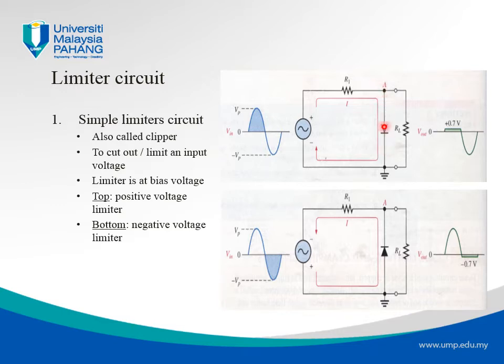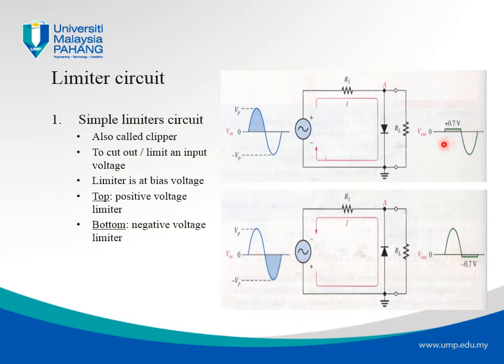Then there will be no current going into the load resistance. If we measure the voltage across this resistance, it will be 0. That's why we call it a limiter or clipper. It clips this part of the signal, so you have no current at all.